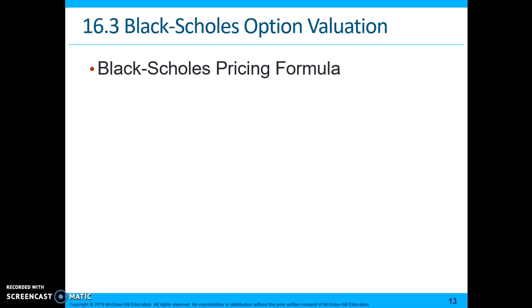I'm not assigning any problems, but I believe that understanding of the model to some extent is valuable for our purposes. So the value of a call option, this is in continuous time, is simply equal to the stock price multiplied by e, which is 2.71 something, and that's the exponential.